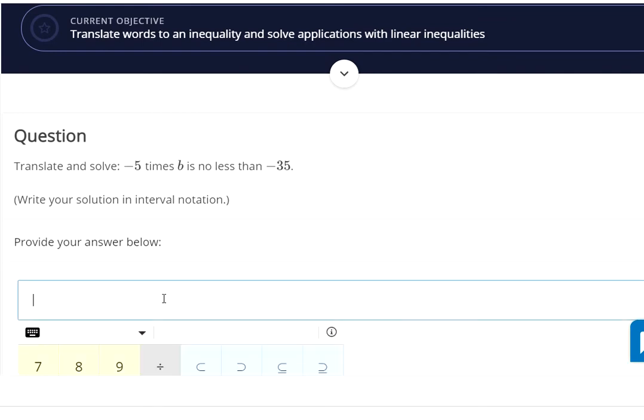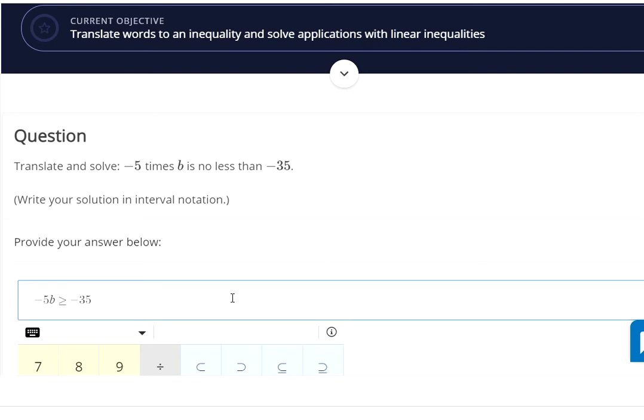Supposed to translate and then solve. Oh, they want the solution. So this is the translation. -5 times b is no less than -35. So that's tricky. No less than means greater than or equal to. If you're not less than something, then you're at least equal to it or you're bigger than it, right?